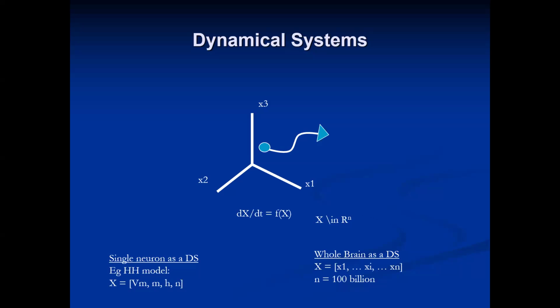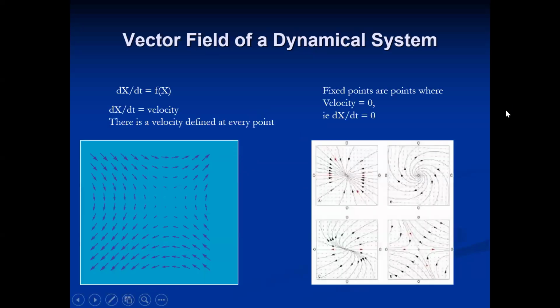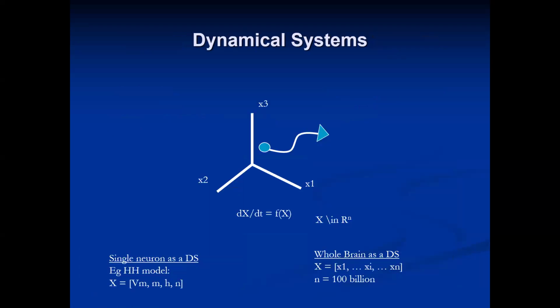Now, how do you describe this? First of all, we need to familiarize ourselves with certain concepts. What is happening here is that the equation dx/dt = f(x) is linking the velocity of a point, because the state of the system is a point in the state space. That point is moving through the state space.